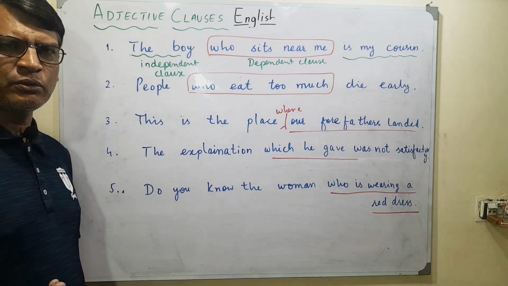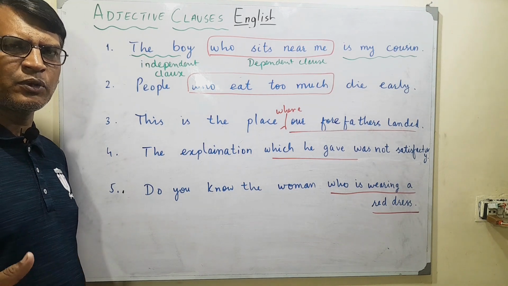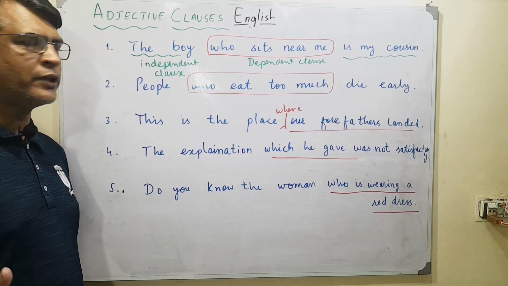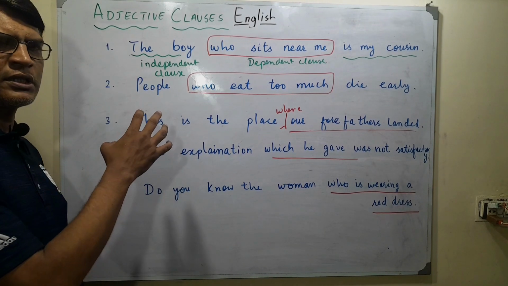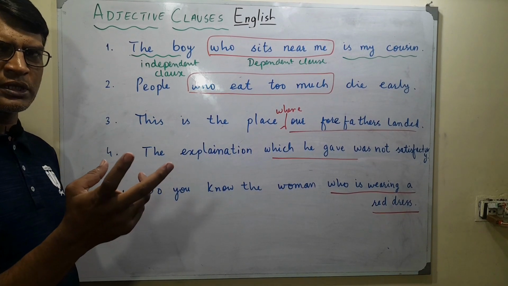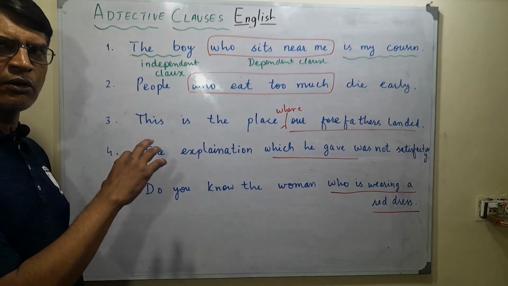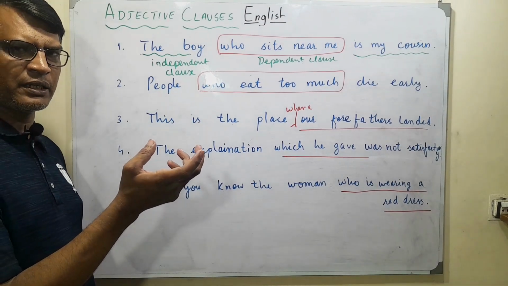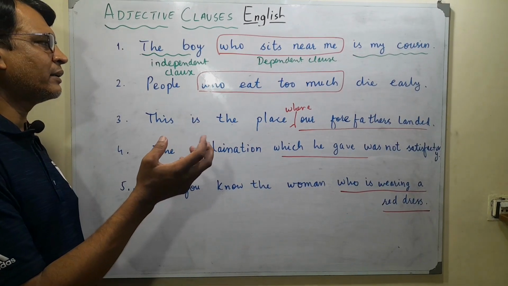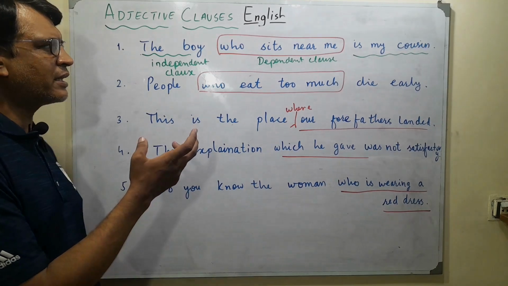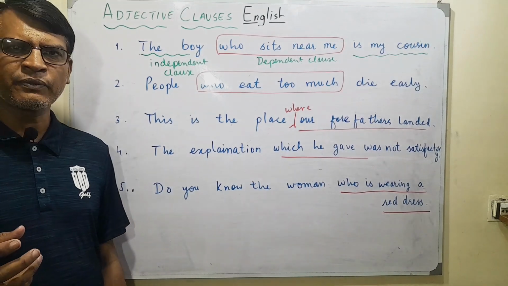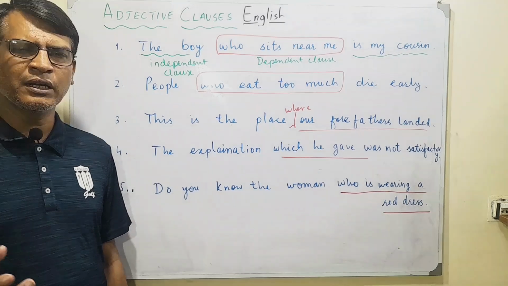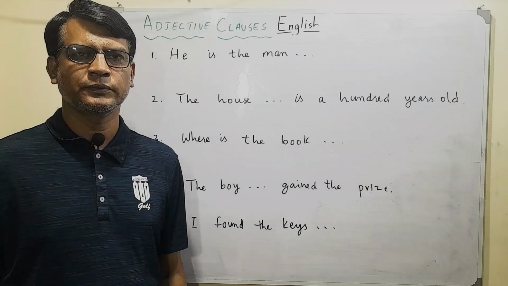So just to make it a bit more explanatory, I have defined that adjective clauses are actually made up of two clauses. One is an independent clause, the other is a dependent clause. Okay, and we see that both of these clauses are used in such a way that they carry a certain meaning, which we want to explain.